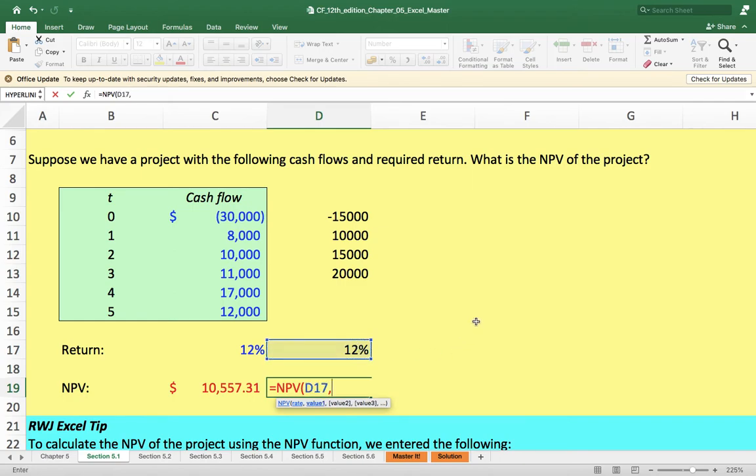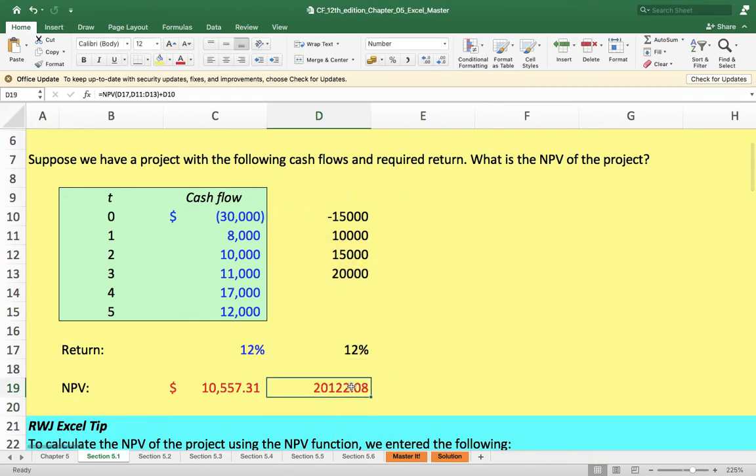Next is the cash flows from year 1, the projected cash flows, year 1, 2, 3 in this example. Once you finish that, you add the initial investment, that is minus 15,000. You get 20,122 as the NPV of the project.